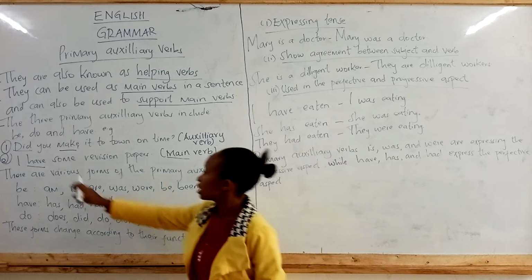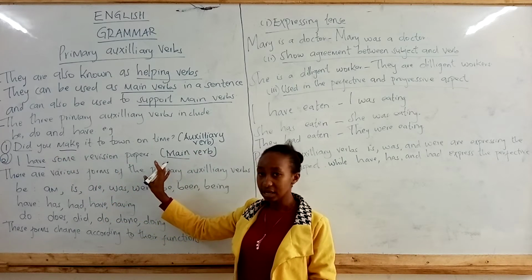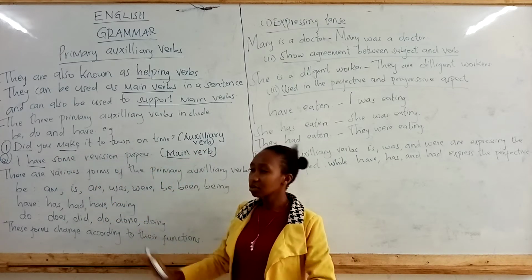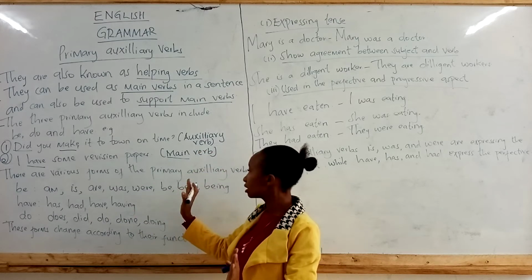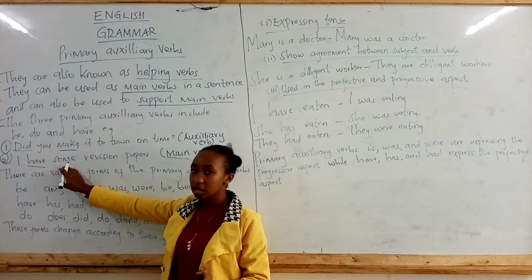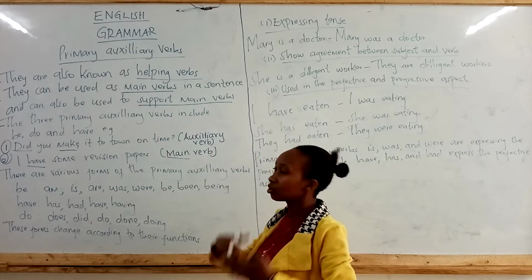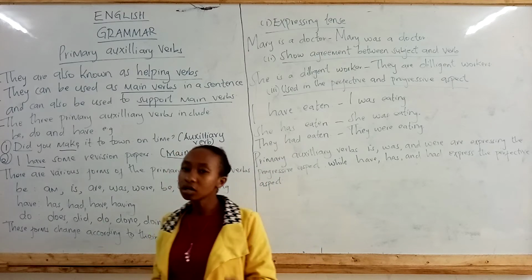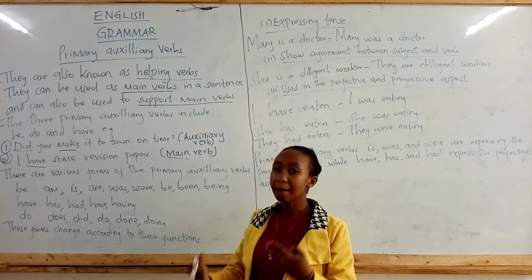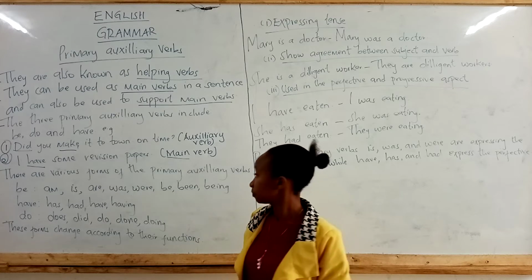Simply because if we look keenly in this sentence, there is no other verb that have is supporting, thus making it the main verb. So that is why we are saying that an auxiliary verb can be used as a helping verb in a sentence, and also it can be used as a main verb in a sentence.